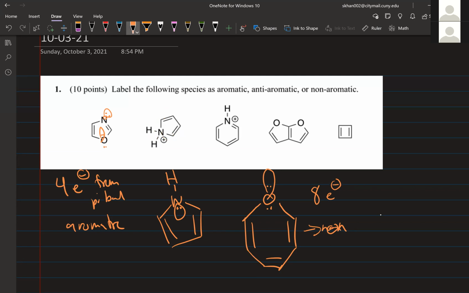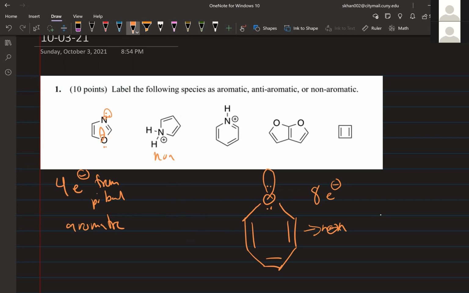Because normally its formal charge is 0, but since you bonded it to another hydrogen, it gains a positive formal charge, right? Because it has 4 bonds, at that point in the molecule it's going to be sp3 hybridized, right? Which means it does not fit criteria 1, right? So you just gotta be careful. As soon as you run into an atom that does not fit criteria 1, you can literally just automatically mark it as non-aromatic, right?